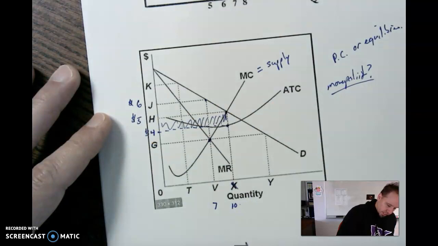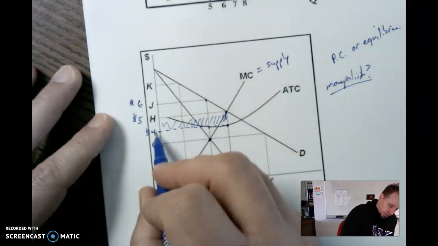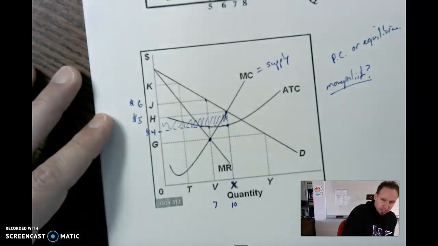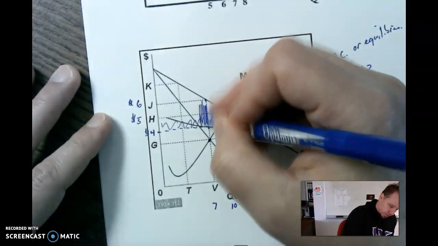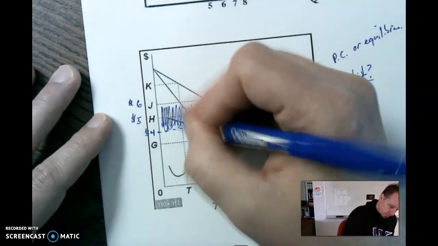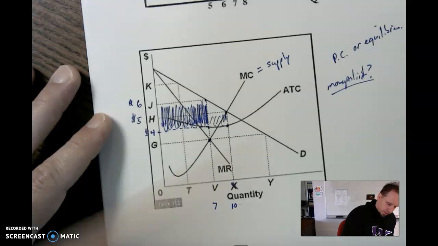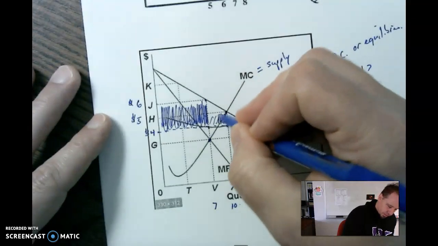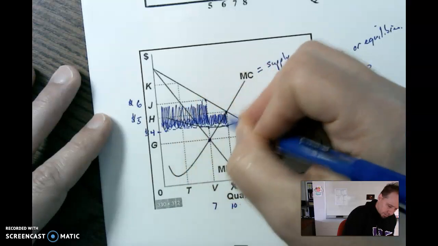We hit our average total cost at about 4 there. So the monopolist is making another $1 per unit. This would be the profit of the monopolist, and this would be the profit of the perfectly competitive firm.